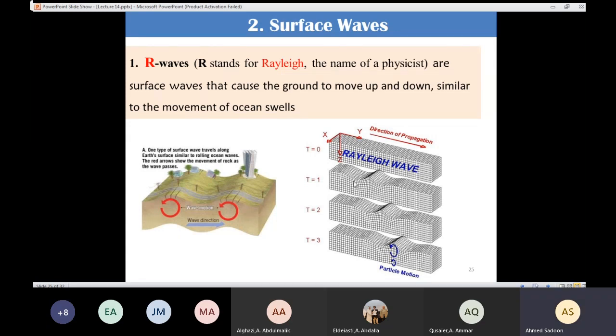When the wave moves from here to here, that part is going to be like that. And when time equals 3, it is going to be like that. This is how the wave moves from that point to that point, and the rock beneath the Earth is going to be like that.